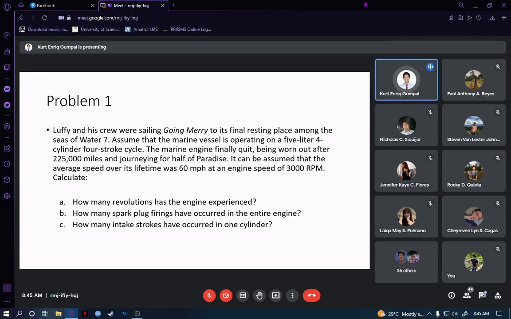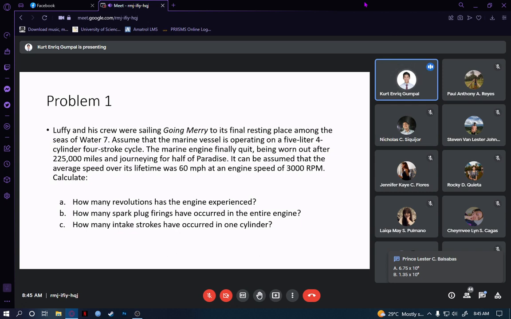Now, for you to be able to get your spark plug firings, since you have a 4-stroke cycle, you have 1/2 per revolution. Okay? Times 4 cylinders, that is 1/2 times 4, which is 2. So your 6.75, you multiply it by 2, you get 1.35. Okay? That is B, 1.35 times 10 to the power of 9.